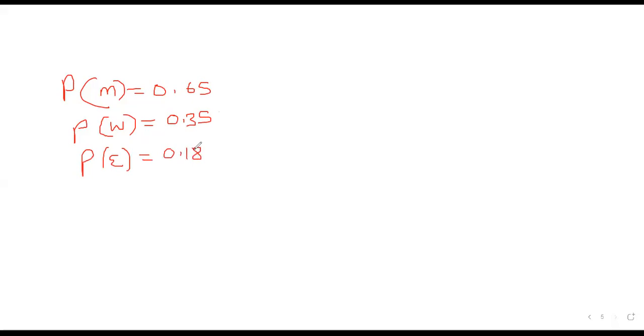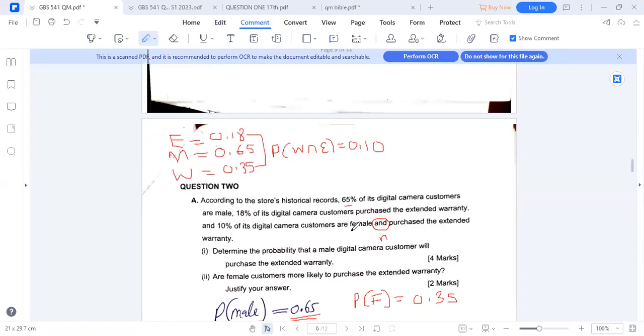That we established. Then we're given another probability. 18% was at the extended warranty.